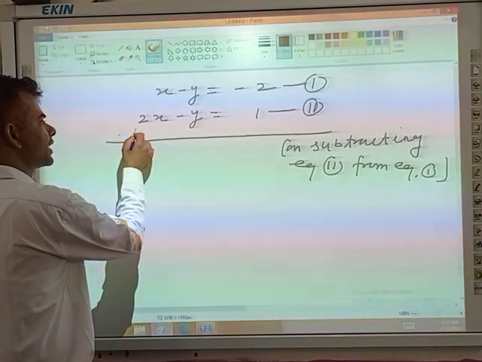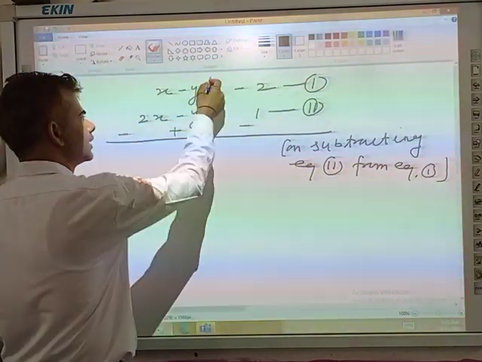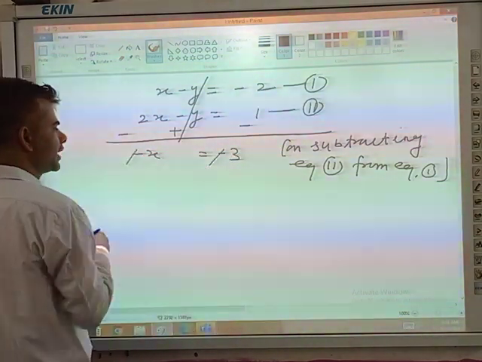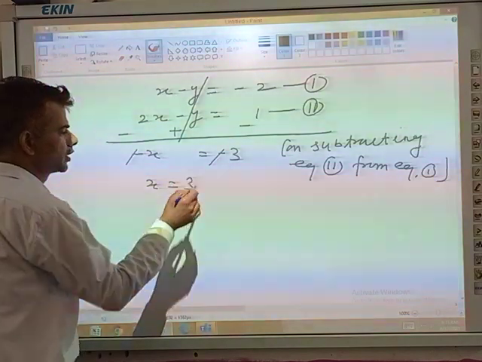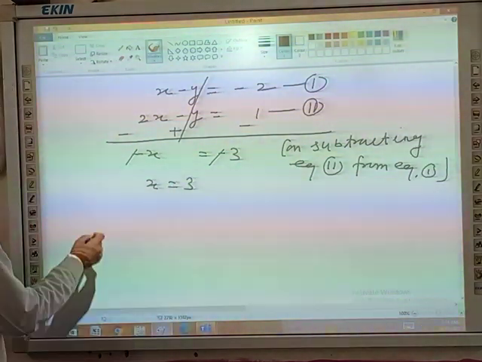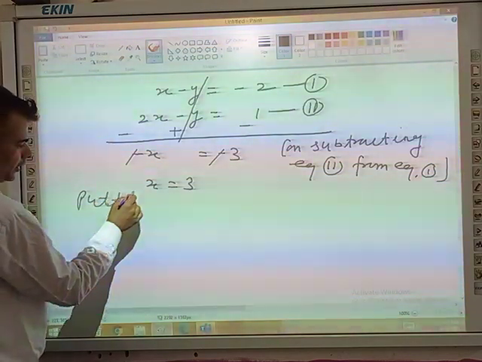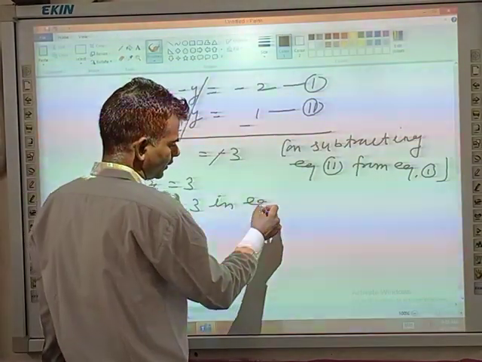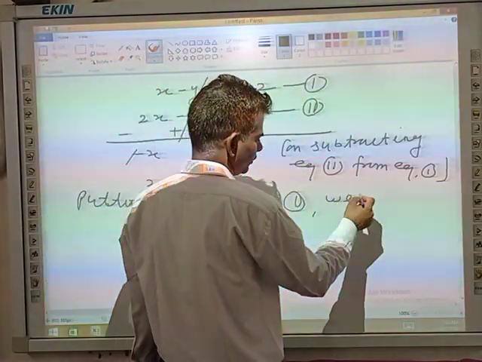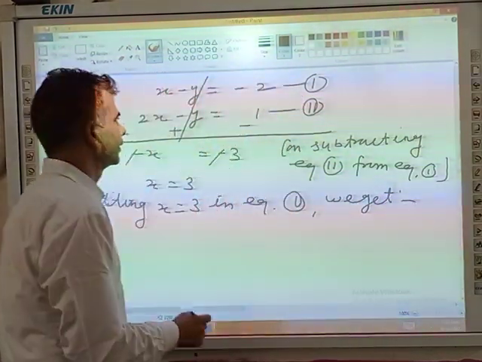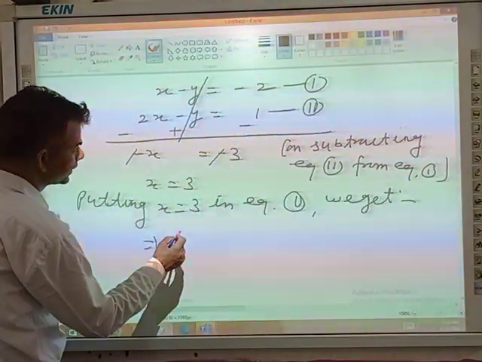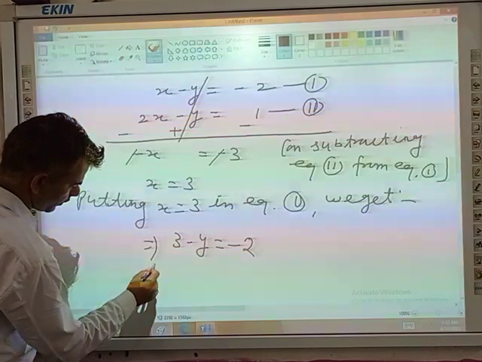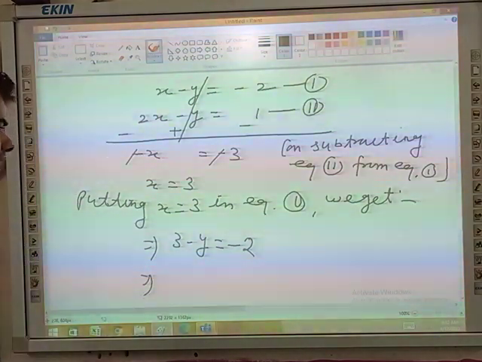Now students, the sign will be changed. Sign change. Minus x, that is minus 3. Minus minus cancel out. x is equal to 3. Putting x is equal to 3 in equation first, we get 3 minus y is equal to minus 2.